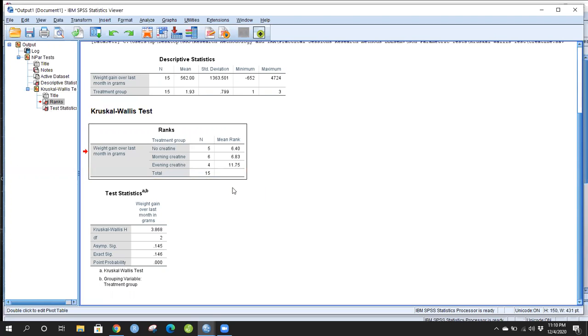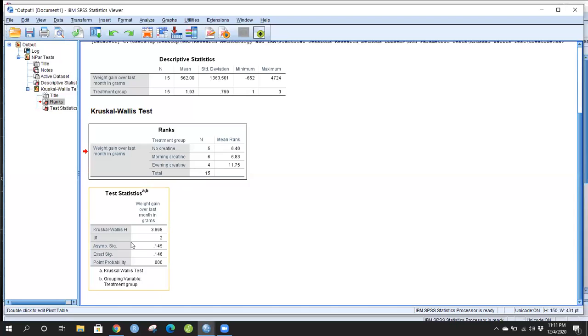On the face of it, you can see that these two groups are somewhat similar, and the evening one is a little different. But from here itself, I can't really say what statistics has to prove in the test. The null hypothesis for our Kruskal-Wallis test is that the average weight gains in all three groups are equal, and the alternative is that they're not equal.